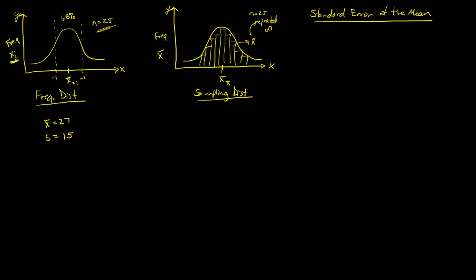We get a mean. Well, if we get a mean, we can get variability around this mean that's just like a standard deviation. Those weren't equally spaced, let's try that again. +1, -1. But instead of calling this standard deviation now, we call this the standard error of the mean.